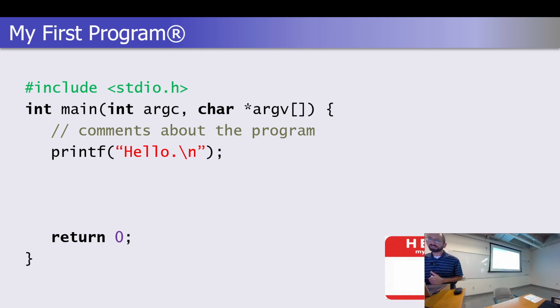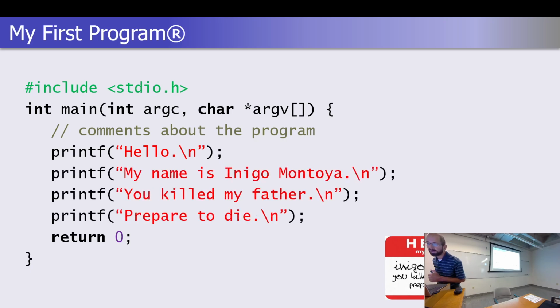We take things a little differently here in W285. Instead of hello world, we will have a program that writes out, "Hello, my name is Inigo Montoya. You killed my father, prepare to die." If you don't get that reference, that's perfectly fine, and it's not important for this course. But a slightly modified hello world message is all that we have here.